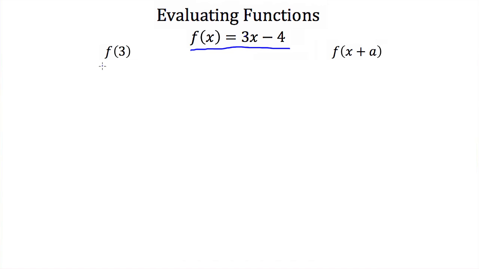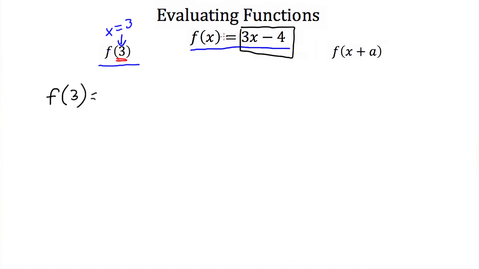Now, if I want my function value, or f of 3, this just means that x is equal to 3. So if I want the function value at 3, all I do is take this function, 3x minus 4, and plug in 3 where there's an x.